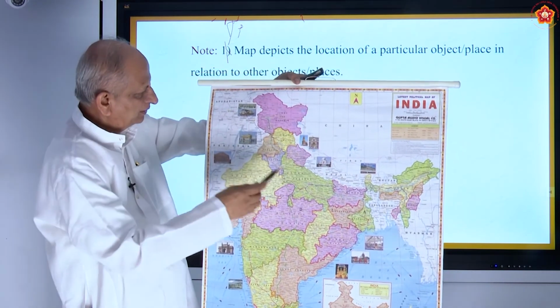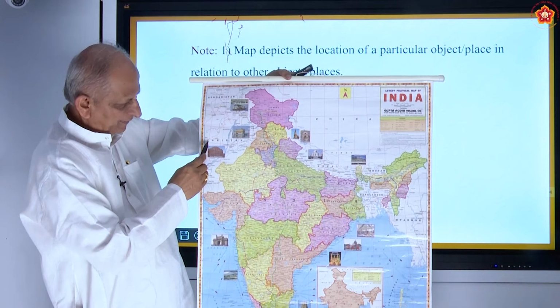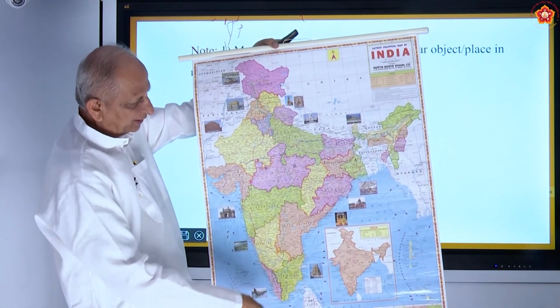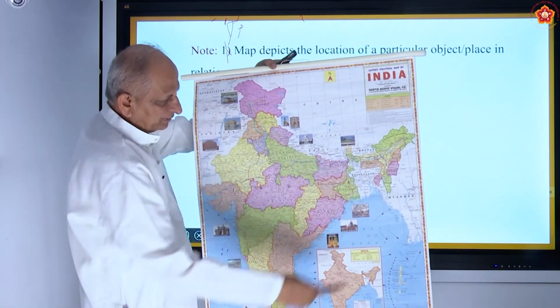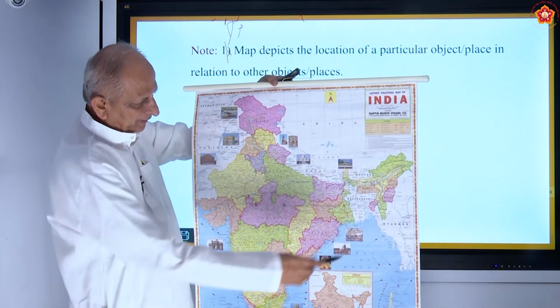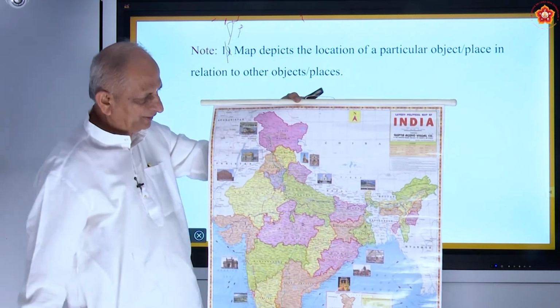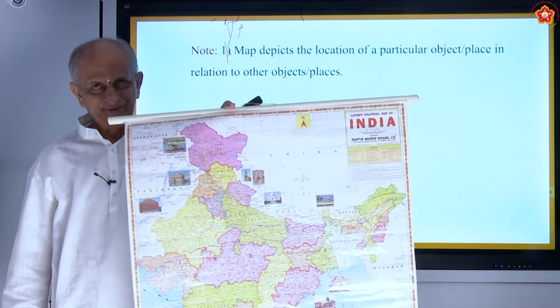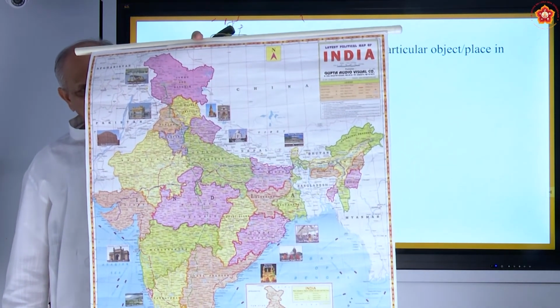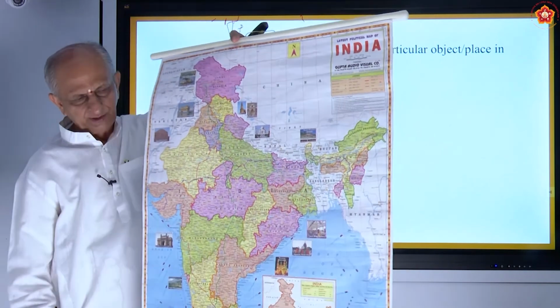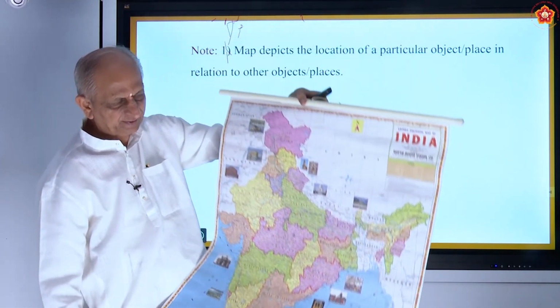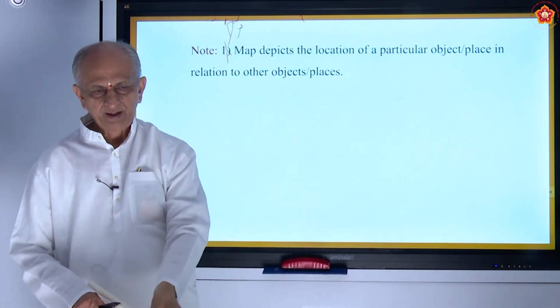This is China here, Afghanistan here, Pakistan here, Sri Lanka here, then Myanmar is here, Bangladesh is here. They are neighboring countries.